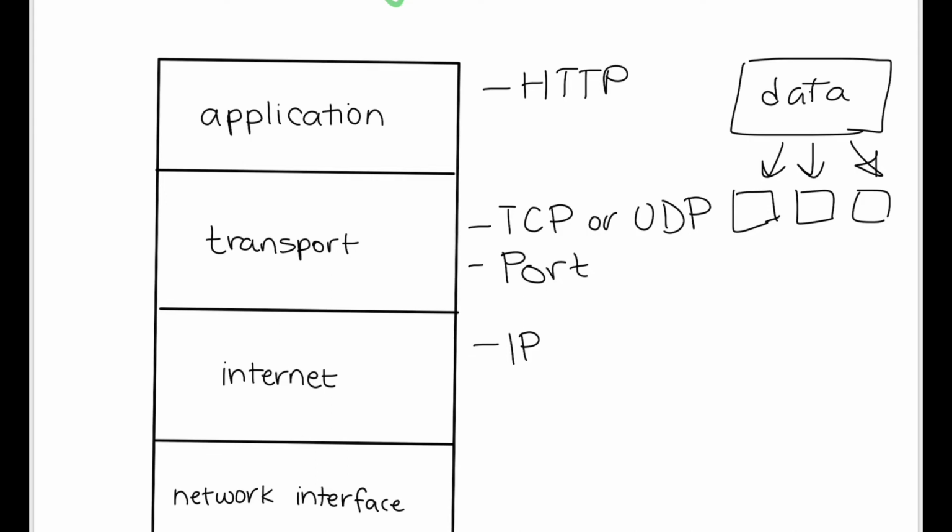So every single device connected to the internet has a specific IP address. Your smartwatch, your phone, your laptop, they're all going to have a specific IP address. And for every single packet of data, they're going to add your IP address and the IP address that you're trying to send it to.